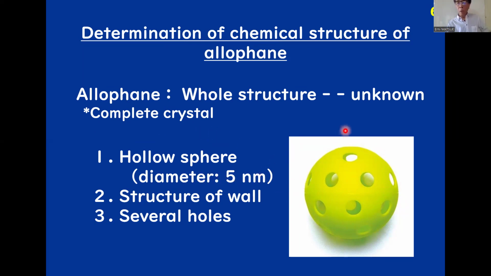The known facts are that allophane is a hollow sphere, about 5 nanometers in diameter. The structure of the wall is the same as imogolite, and several holes exist. So this is like a ball or baseball. But the whole structure was not known.